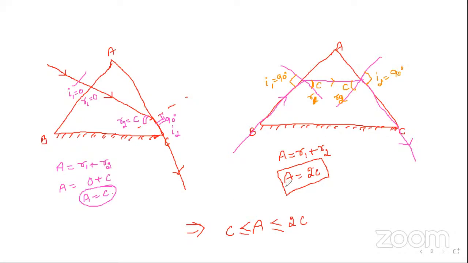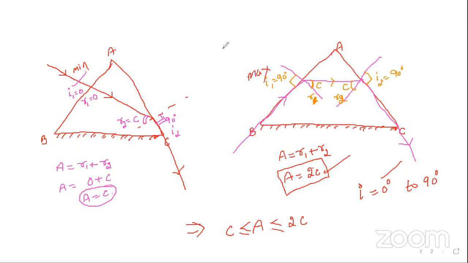Similarly, angle of the prism can't be more than what? Twice the critical angle, sir. Because angle of incidence is going to vary from 0 degree to what? 90 degree. So what is the minimum angle of incidence? 0 degree. What is the maximum angle of incidence? 90.